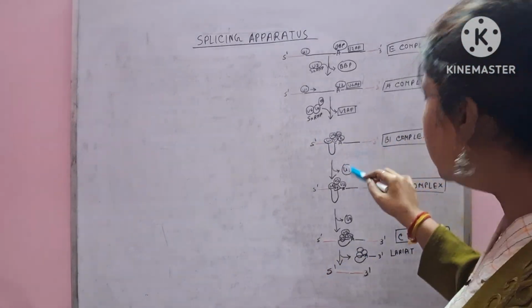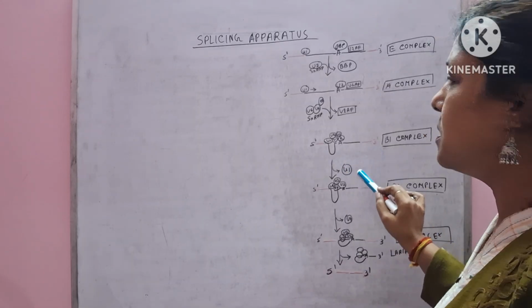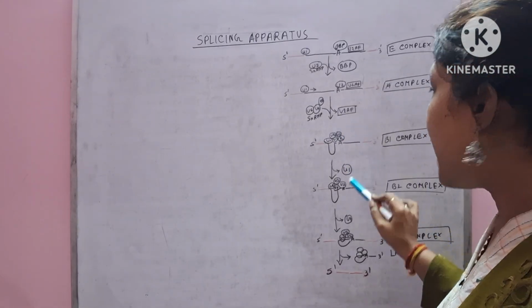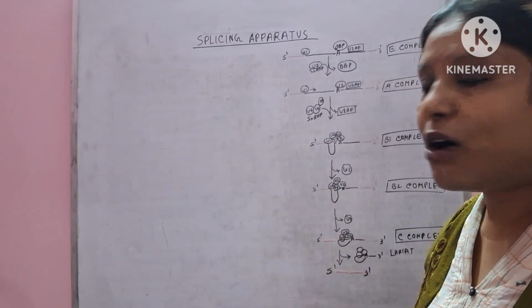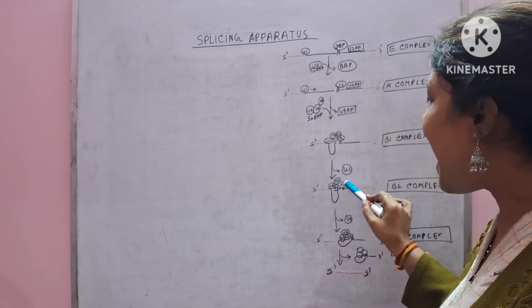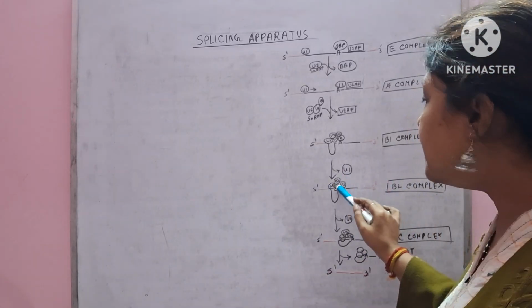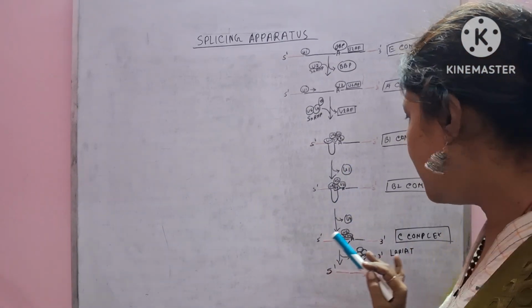Okay, in the next step you can see that U1 is released from the complex, and U6, U5, U4 and U2 are already bound to that region, and here you can see a loop-like structure is formed. Clear?